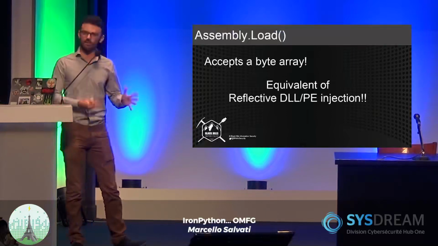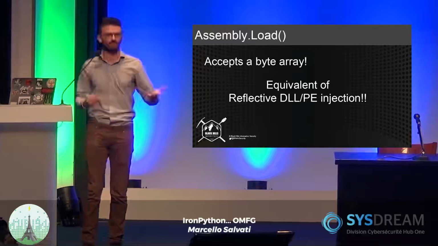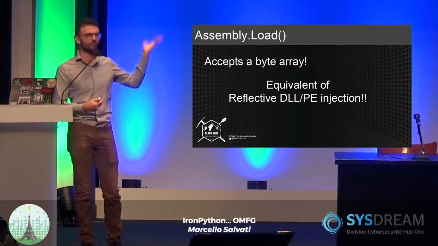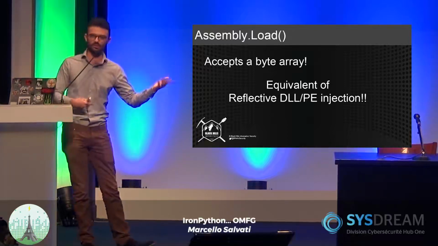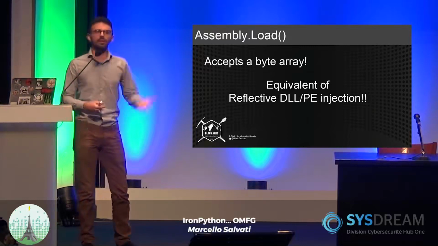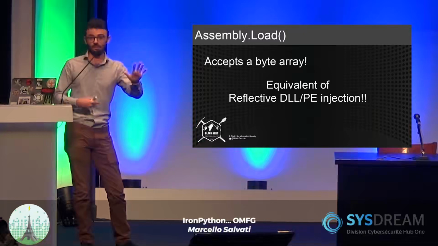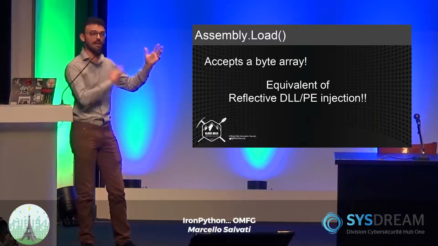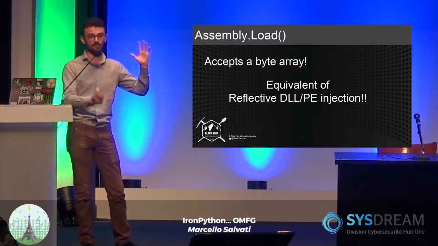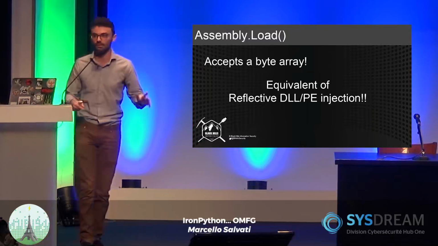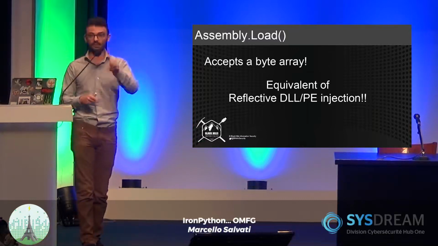Assembly.Load is a magical function with a bunch of overloads, and one of the overloads takes a byte array. Assembly.Load takes the byte array of a .NET assembly and loads it completely in memory, and you can access all of the code that you wrote when you compiled that .NET assembly.